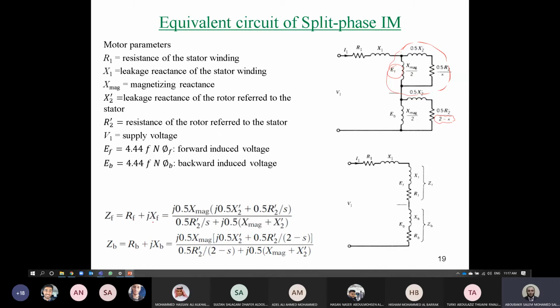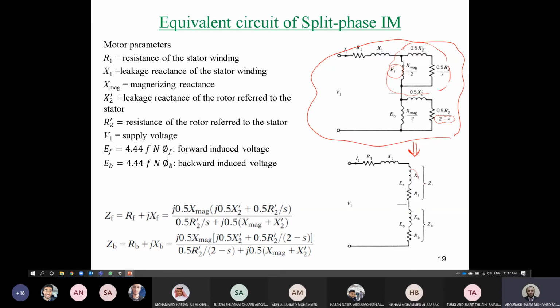And also equivalent forward reactance. And we can make it like that. It's just one impedance, XF and RF. So we just simplify the circuit here to that circuit. So this part is called Z forward.